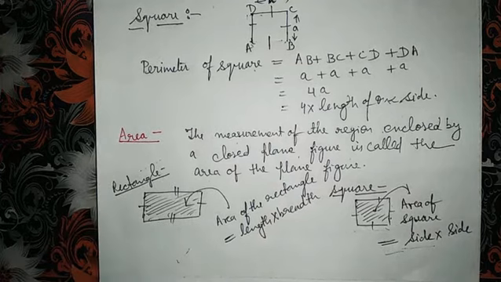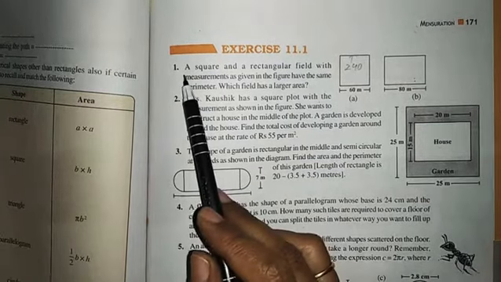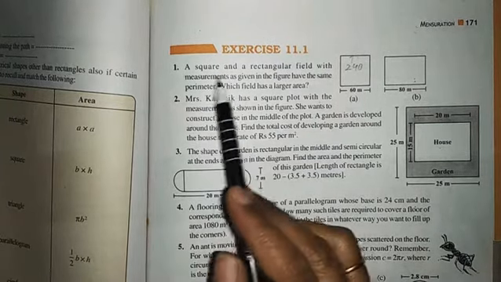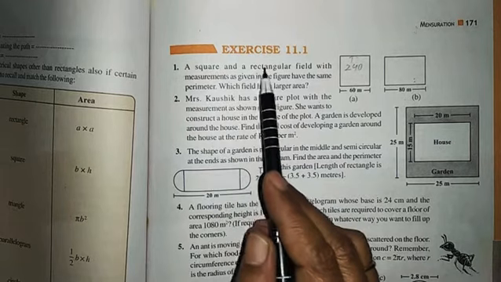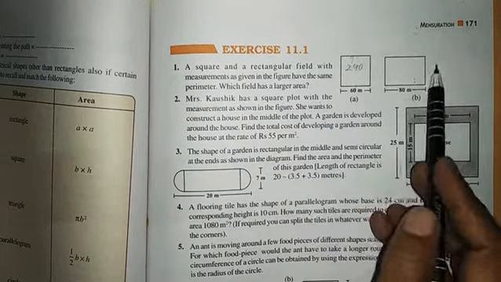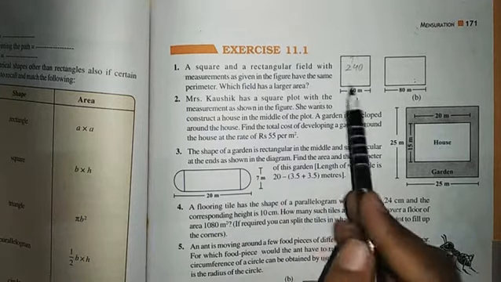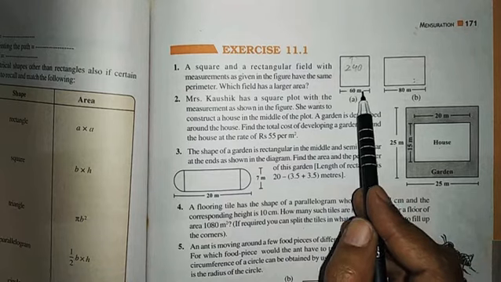Now students, we start exercise. Now students, see the question number 1 of exercise 11.1. A square and a rectangular field with measurements as given in the figure. Here you can see measurements.